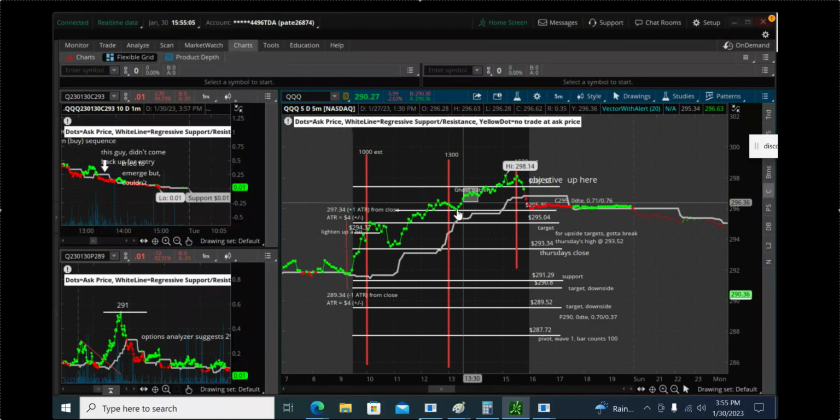These ghosts, I've mentioned in our room, do not typically play out in a bull market. I just point them out and highlight them so everybody's aware.